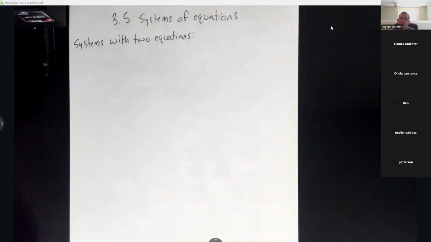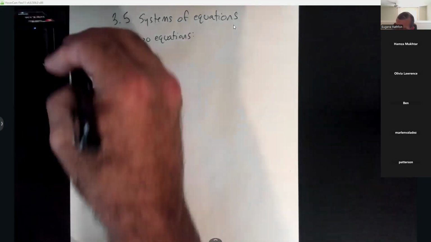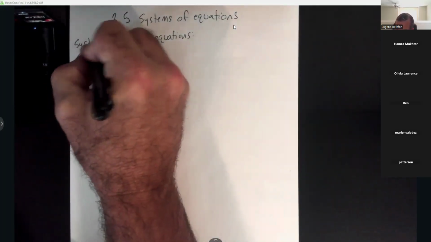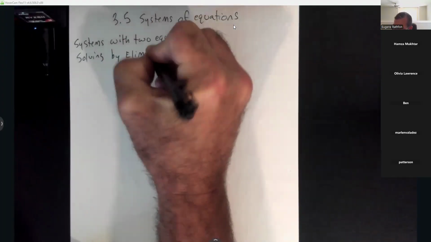And the way we're going to solve those is what we call the elimination method. All right, so we're going to be solving by elimination method.